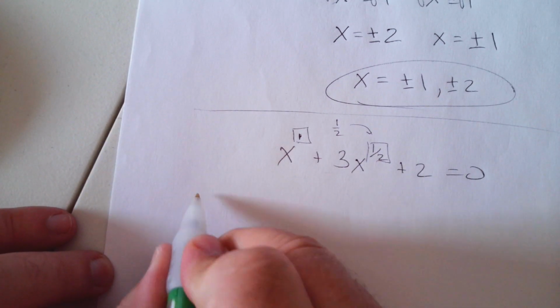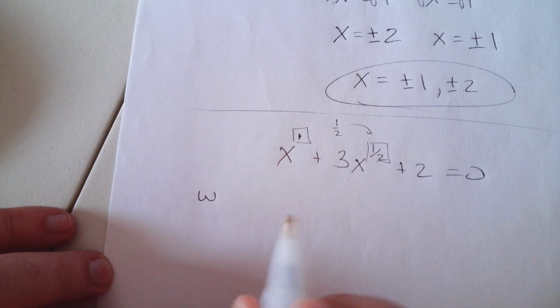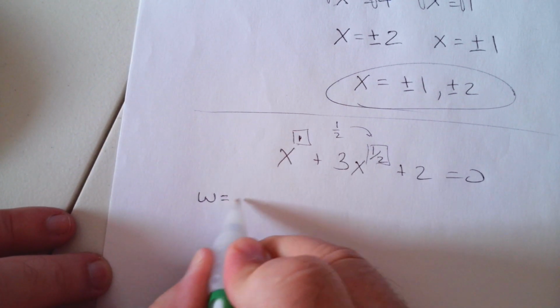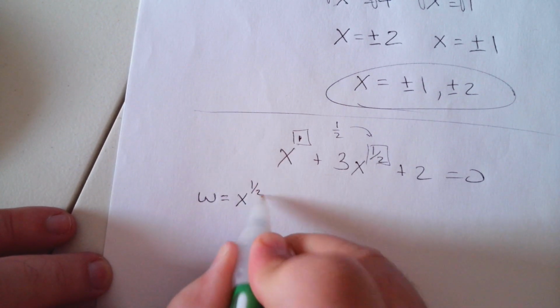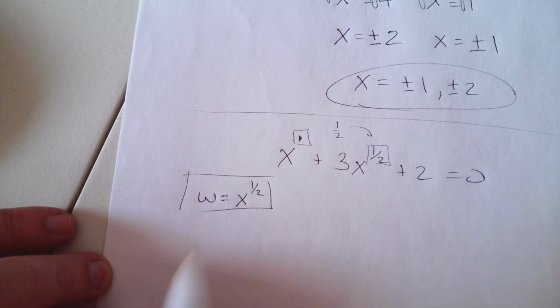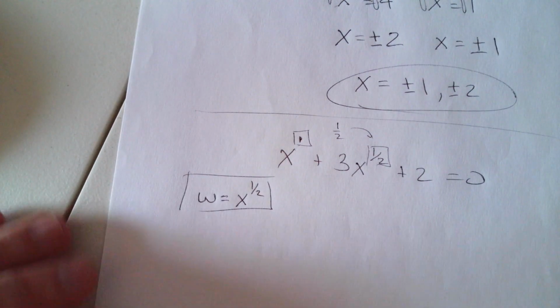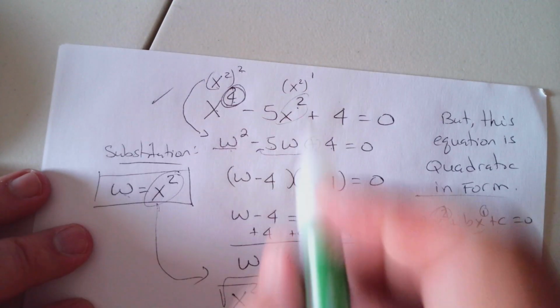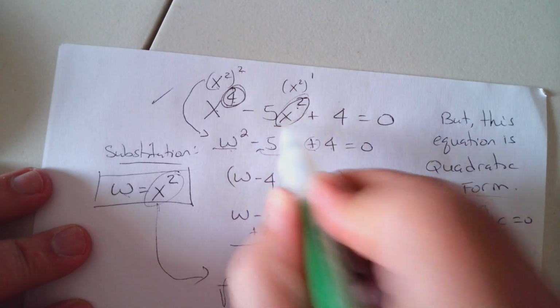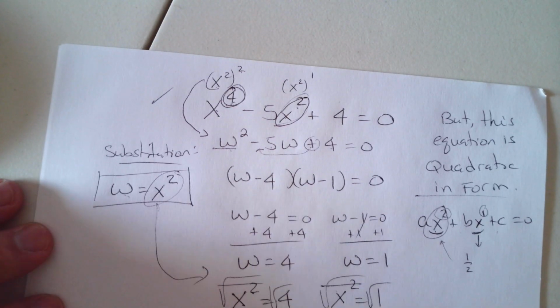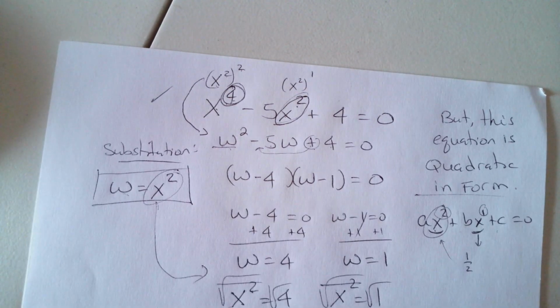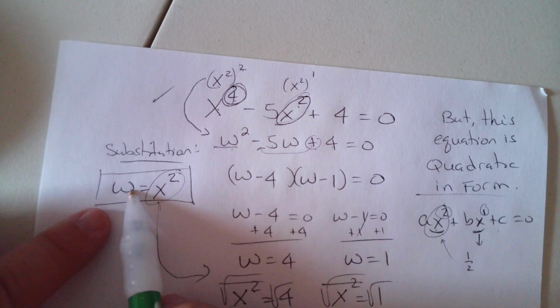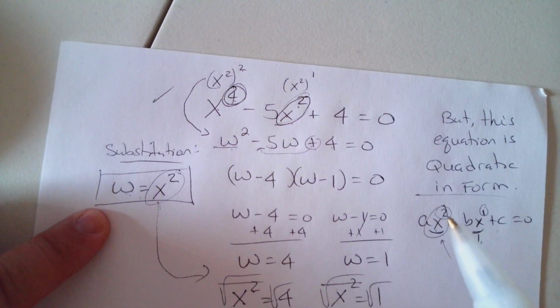So what I do, I take w equals x to the power 1/2. You asked me why to get 1/2. The middle term is the most important one when we start doing these things. So I set w equal to the middle term.